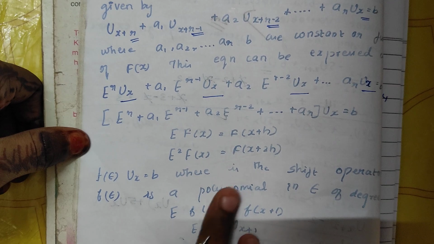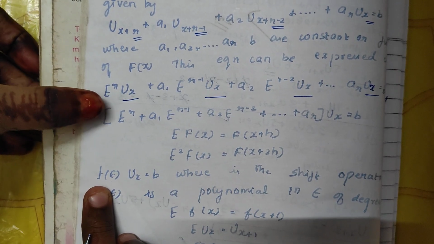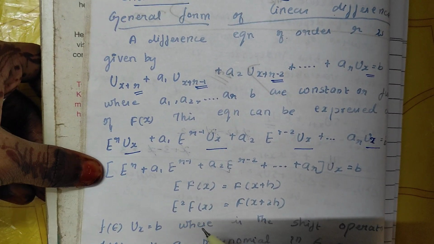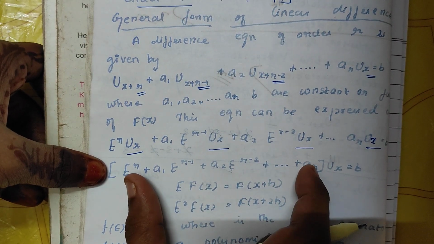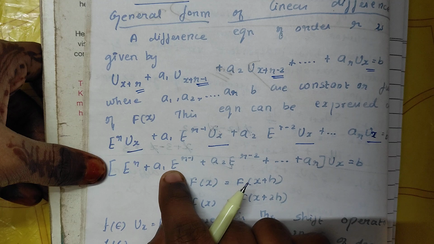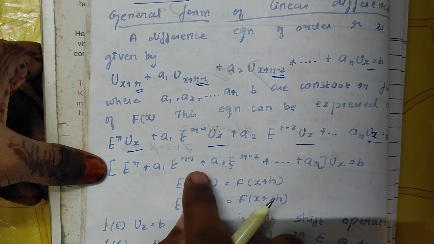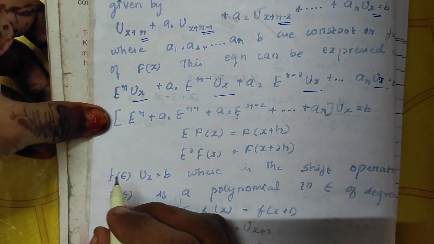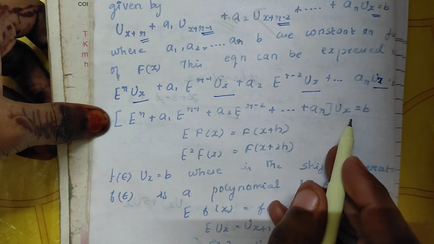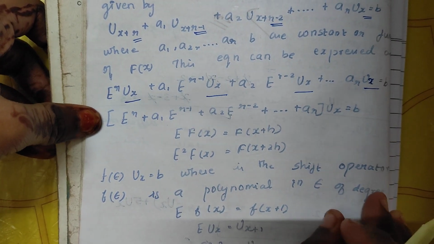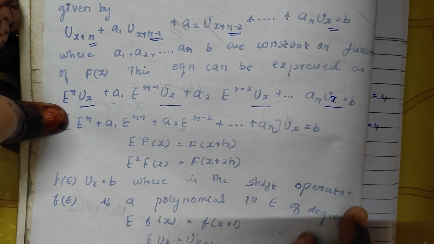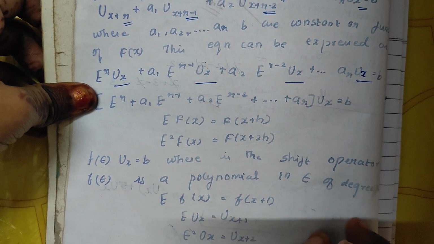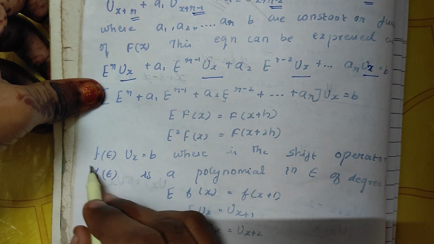Okay, so here we can write this as a function of E, right? Because we have an equation which has E. So I can write it like f of E into u x is equal to b, where E is the shift operator, and f of E is a polynomial. What is meant by f of E?